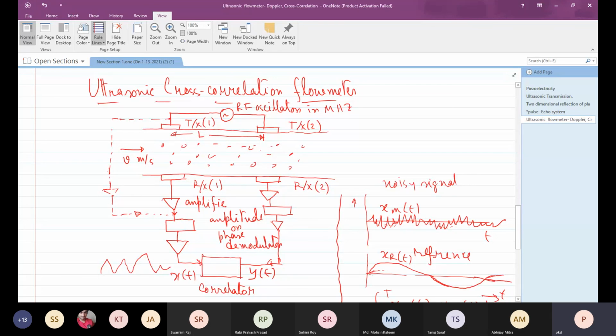If L is sufficiently small, then the distribution of this particle will also remain more or less the same here. And it is expected that a more or less similar pattern will be present as in Y(t).